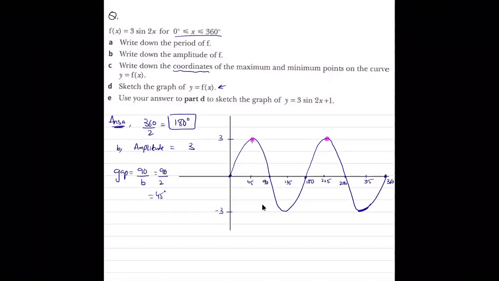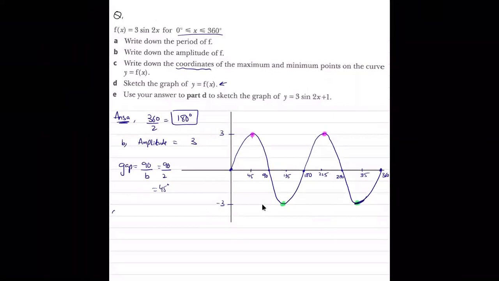Minimum points are (135, -3) and (315, -3). Yes, sir.